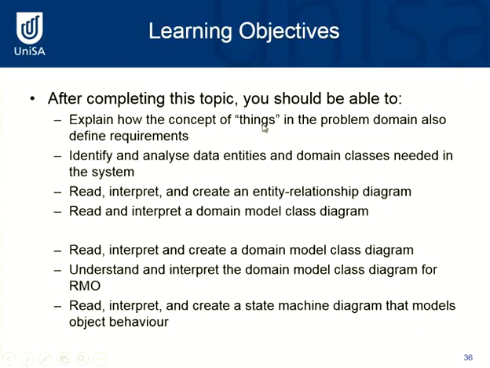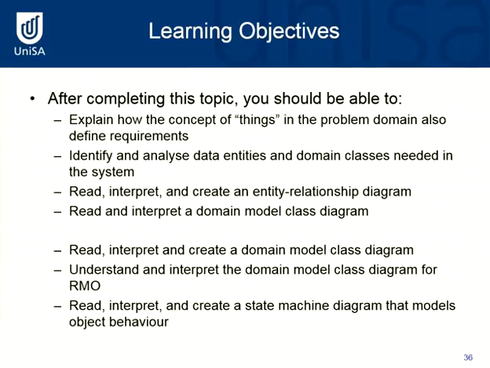So we looked at how to identify things in the problem domain via various methods, looking at entity relationship diagrams, looking at domain model class diagrams, and also interpreting domain model class diagrams and looking at the various ways and relationships we can create domain model class diagrams and the complexities involved, whether it's using superclasses and subclasses, i.e. generalisation, specialisation, whether it's looking at aggregation, whether it's looking at composition, whether it's looking at multiplicities, understanding what multiplicities are, what is an association class, when do we create an association class between two classes that have a many-to-many relationship, what is an abstract class, what is a concrete class.